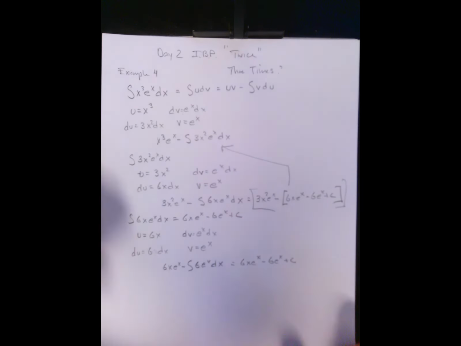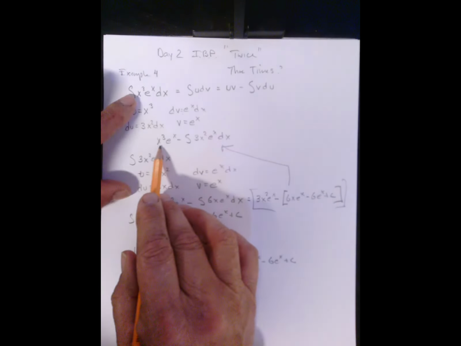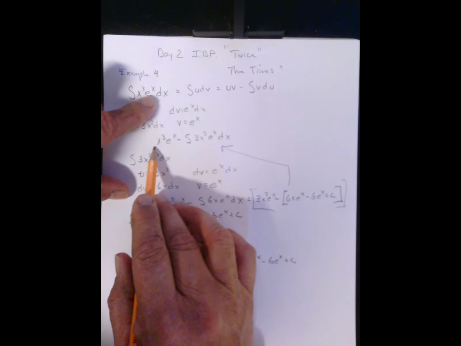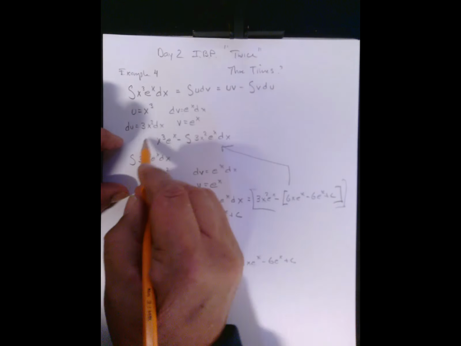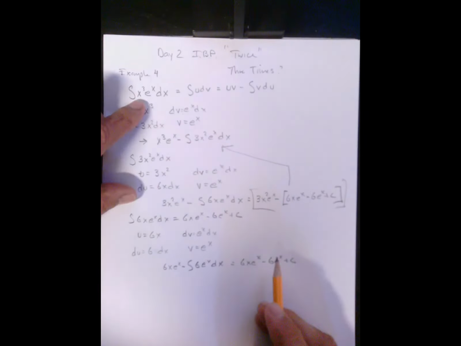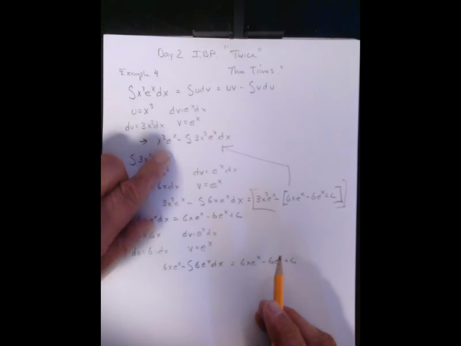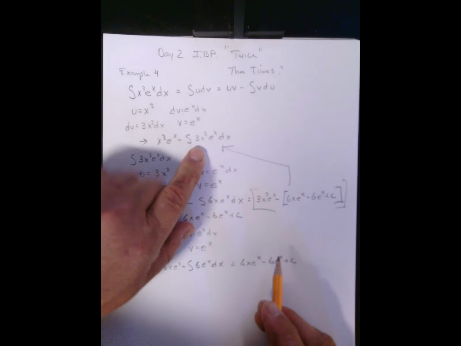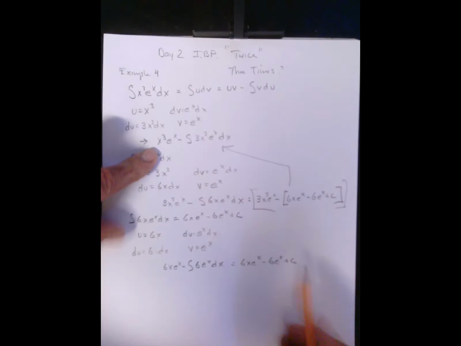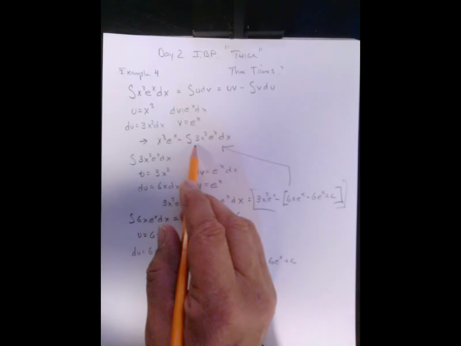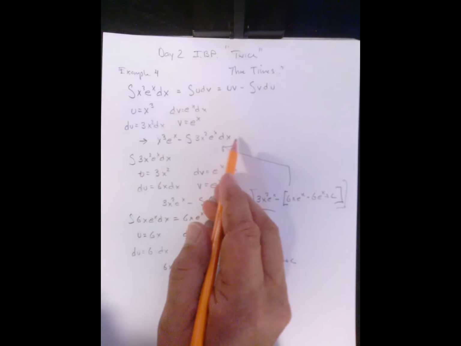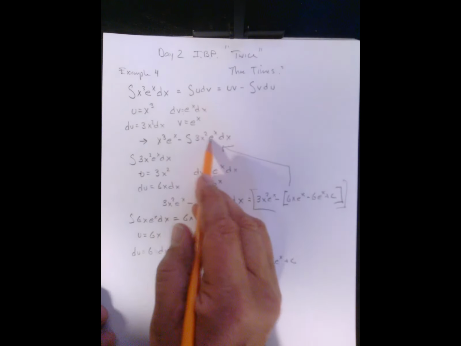So I'm going to rewrite my first integration, or my first set of uv minus integral of v du, with the actual value substituted in for the integral of 3x squared e to the x dx.